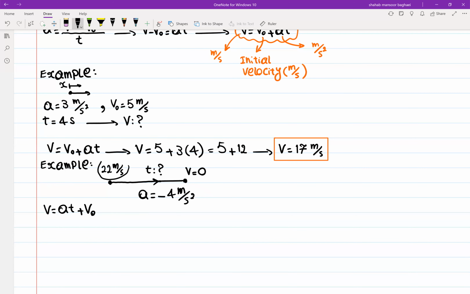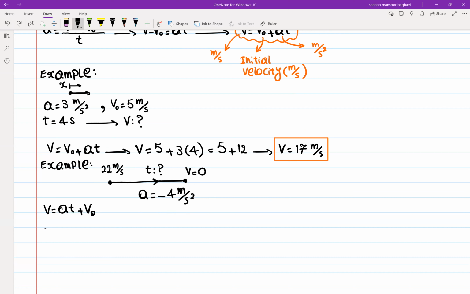Obviously, it is 22 because this is the velocity at the beginning. So V0 is 22. And what is final velocity? Of course, it is 0.